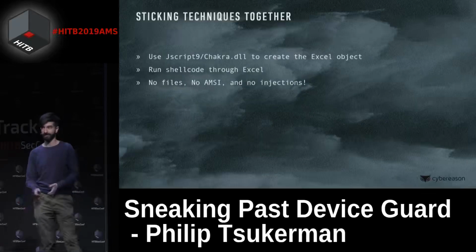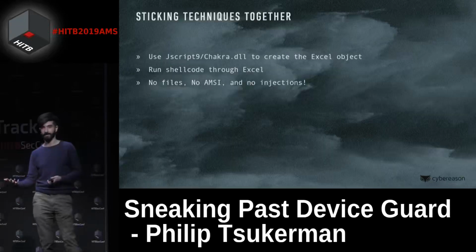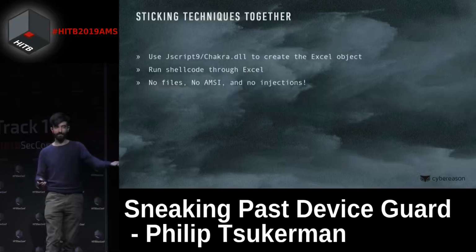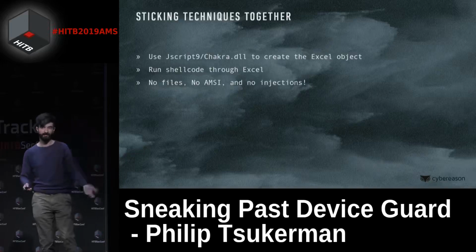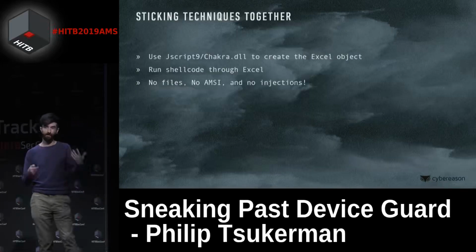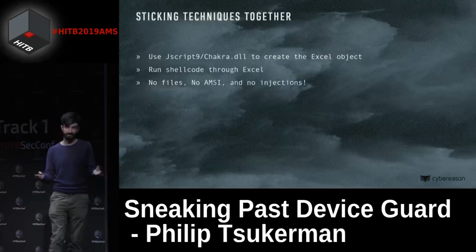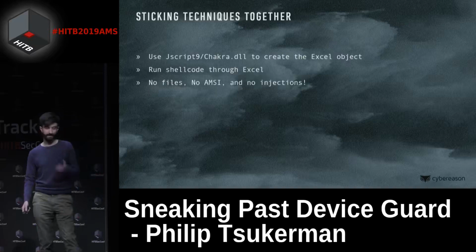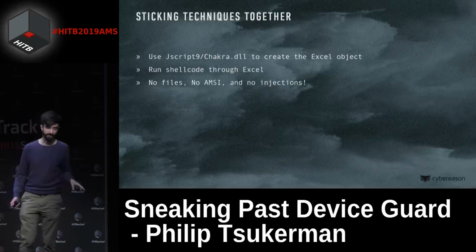And then I have basically JavaScript that is not showing anything on AMSI and is not communicating with anything, and have another instance of Excel that does not load a file, does not run any VBA macros. So both of these things on their own seem really benign, and it will be a bit harder to detect than one process doing all of the malicious things that you want to.